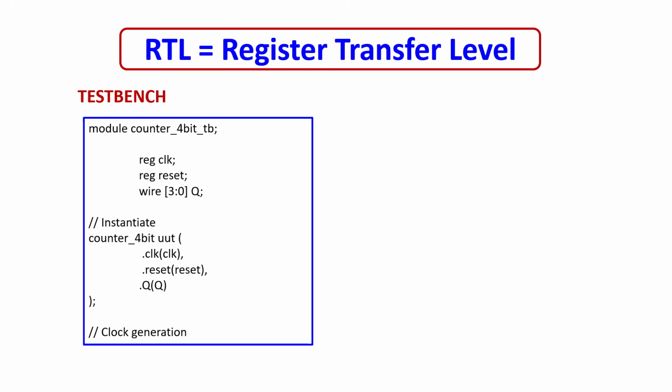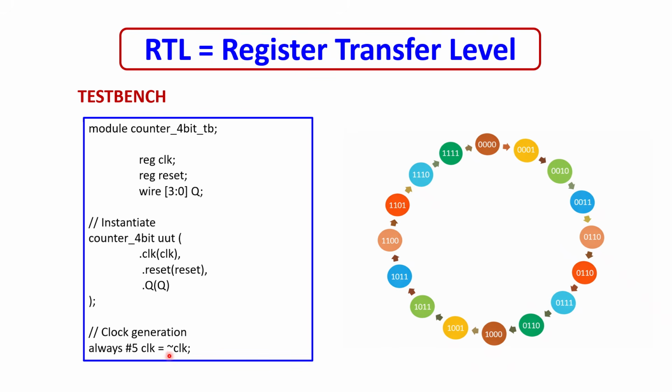We are going to write the code. Let's see what this clock generation is doing. Look at this. We know that to perform the counter operation on the positive clock edge, the clock must rise from 0 to 1. Only if the clock edge is rising can we perform the operation.